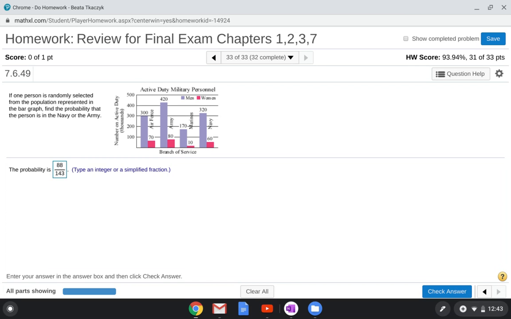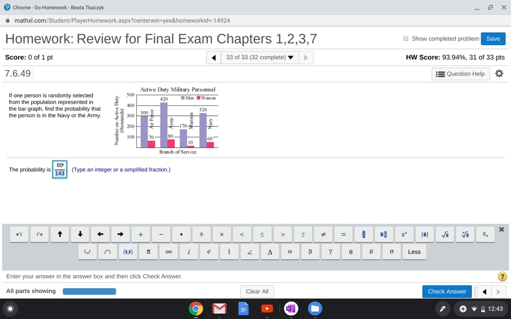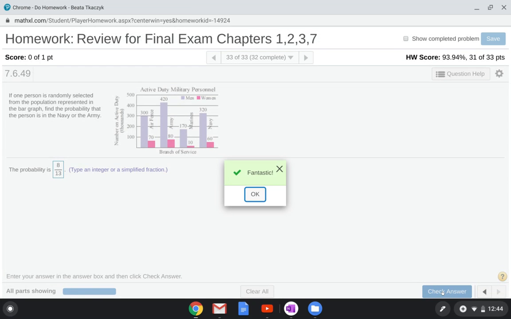It's equivalent to 8 over 13. On the bottom 13, and on the top it should be just 8. So I did not simplify my fraction. Okay, now it's correct, 8 over 13.